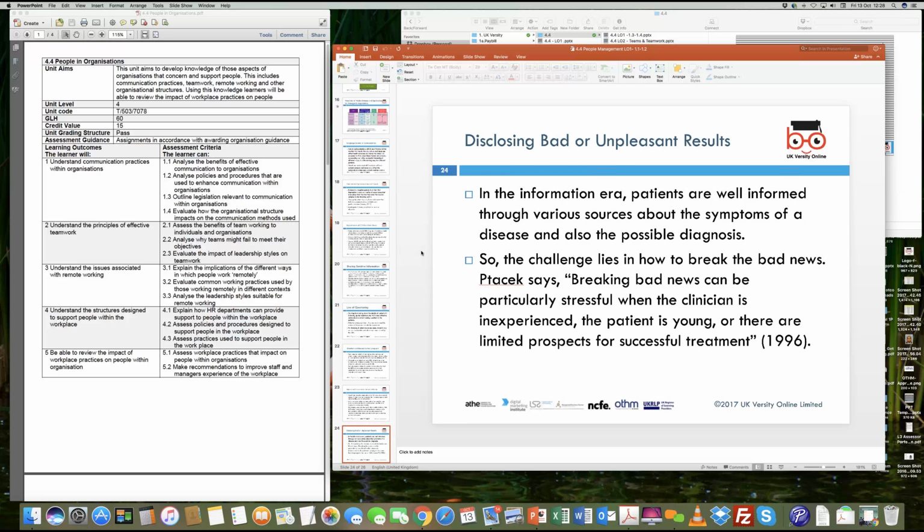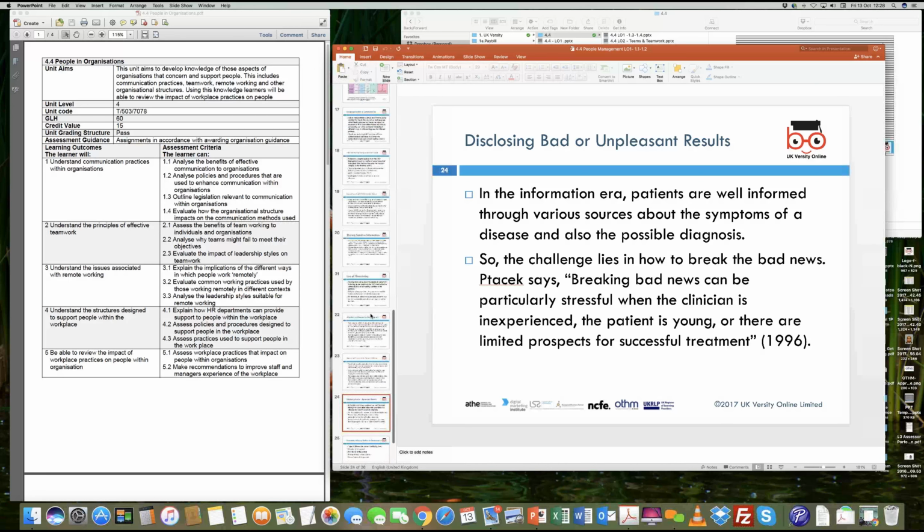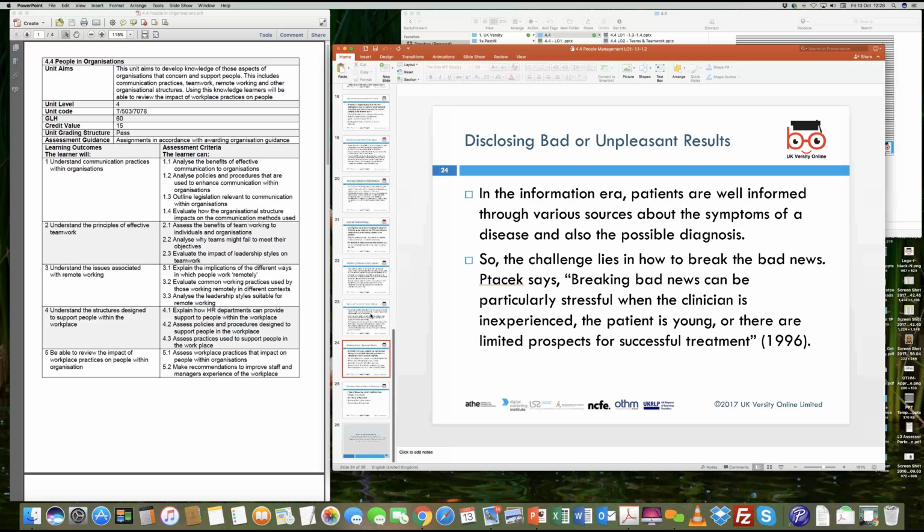Last, one or two other bits and pieces that we look at is that sometimes you have to disclose unpleasant news. In those cases, people with more experience, nurses or people working within the sector with a number of years of experience, are chosen to discuss that with the patient, because you know what kind of response that would elicit, and you want to carefully choose the words to give out that information.